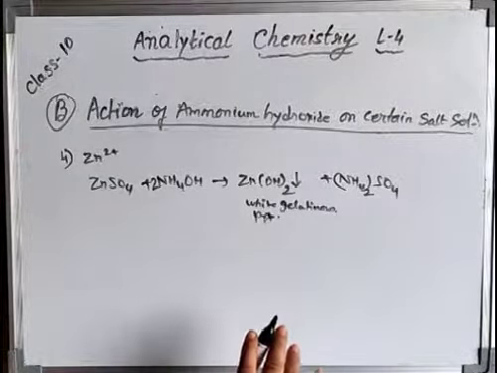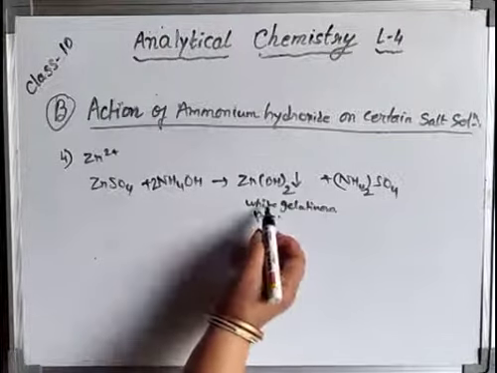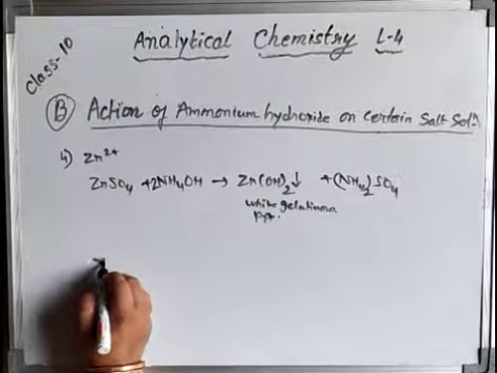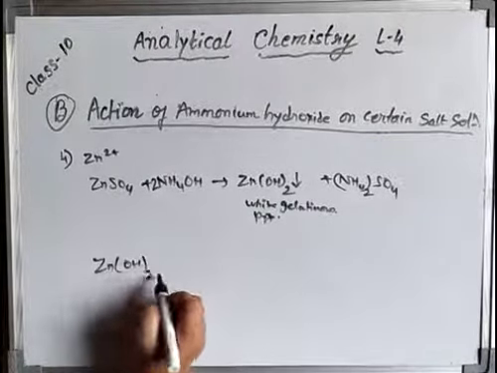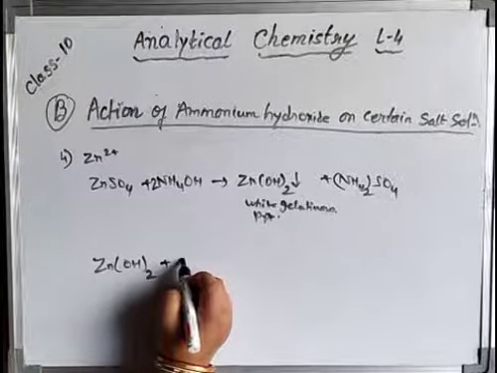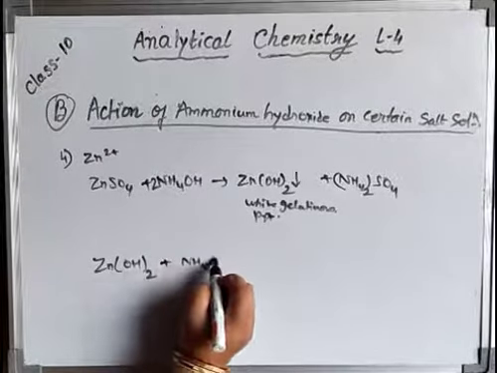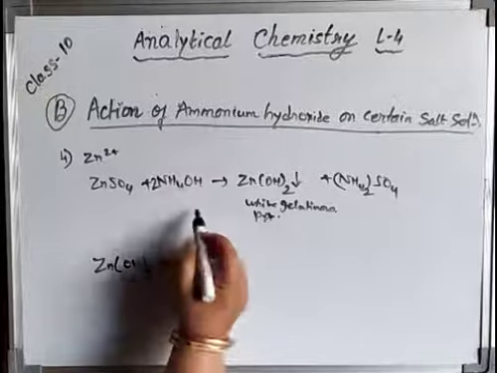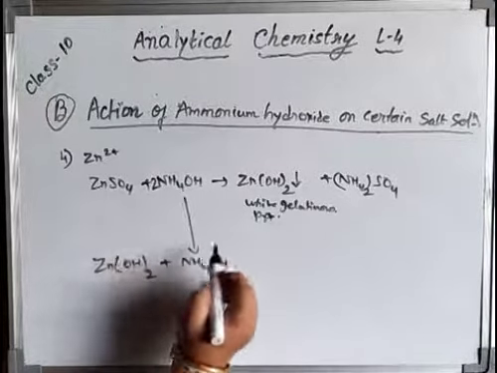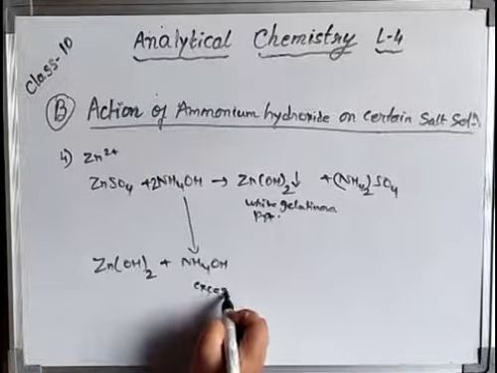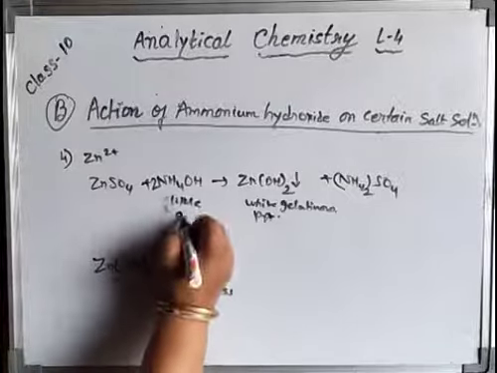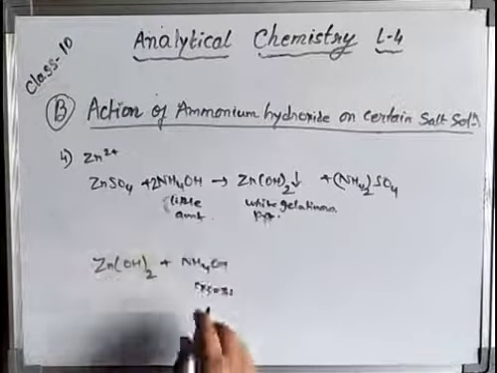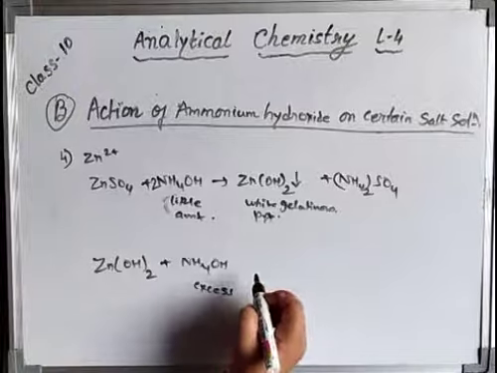Now, in excess, what will happen? This zinc hydroxide, Zn(OH)2 plus NH4OH, that is in excess I am talking about. It is excess now, and this earlier was the little amount. Then what happened?